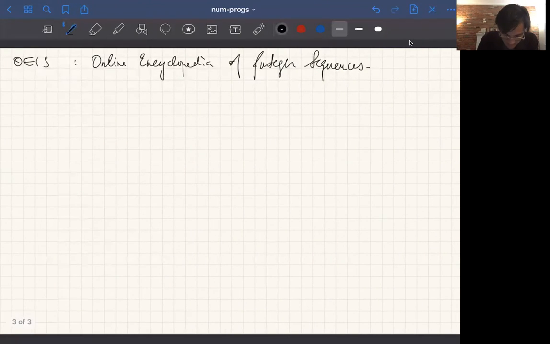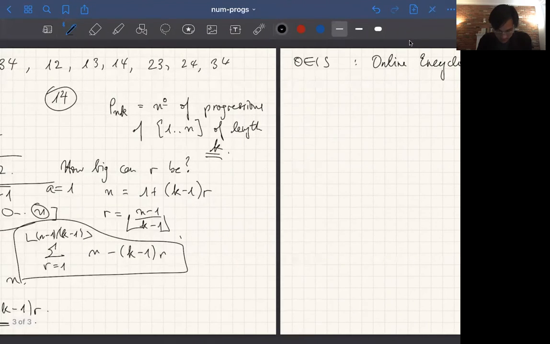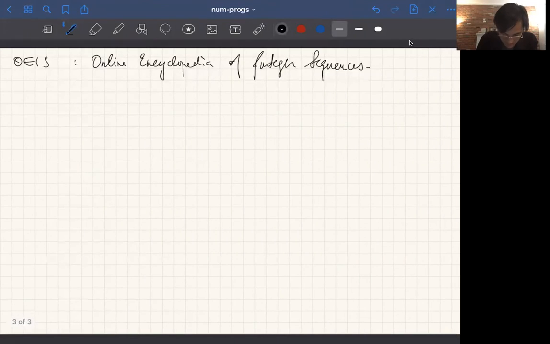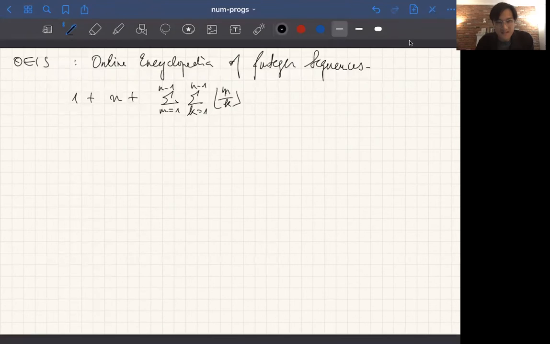So it says that the number of arithmetic progressions is 1 plus n plus the sum over m equals 1 to n minus 1, sum over k equals 1 to n minus 1, of floor of m over k. So it's really interesting. It's an entire grid of floors. Well, minus this one, n plus 1 at the front. So what did we have earlier?